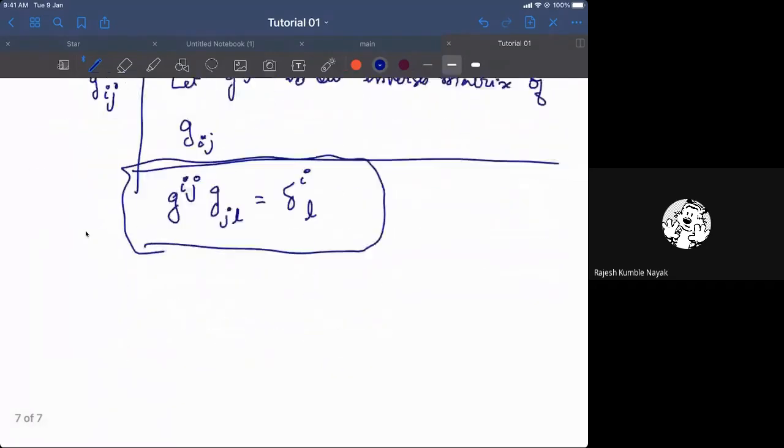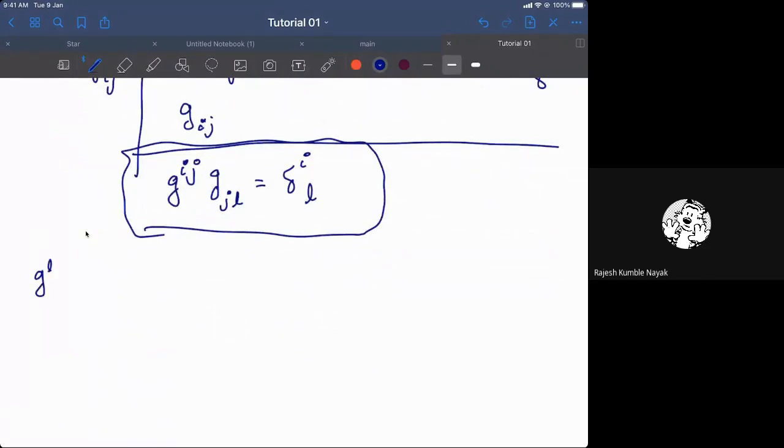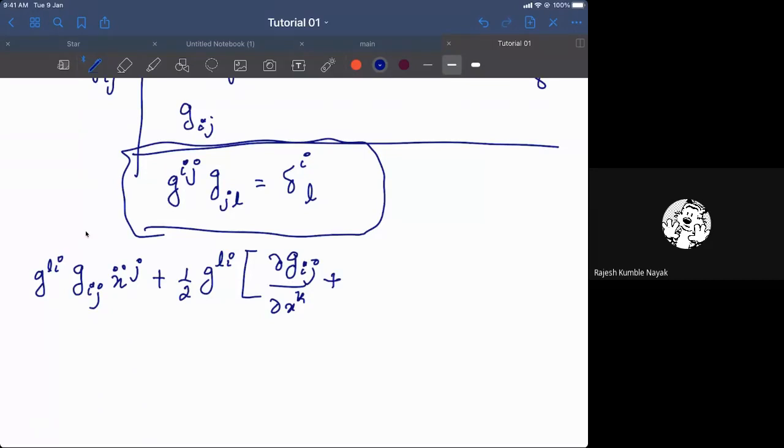So I have Gij x double dot j, then plus half G^{li} times the derivative of Gij with respect to x_k plus the derivative of Gik with respect to x_j minus the derivative of Gjk with respect to x_i, times x dot j x dot k equal to 0.